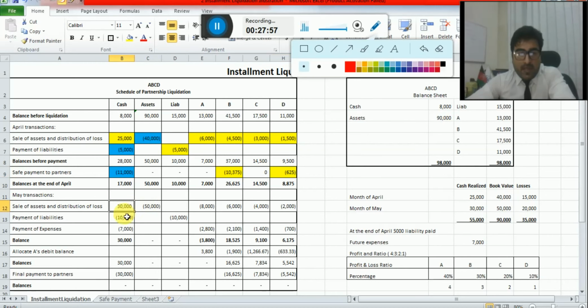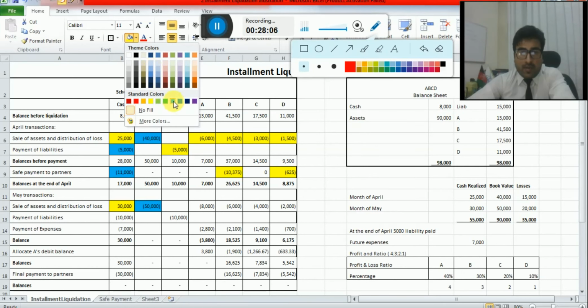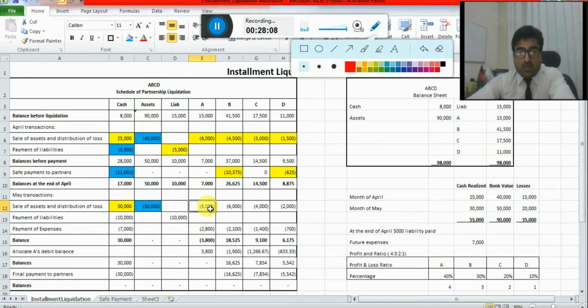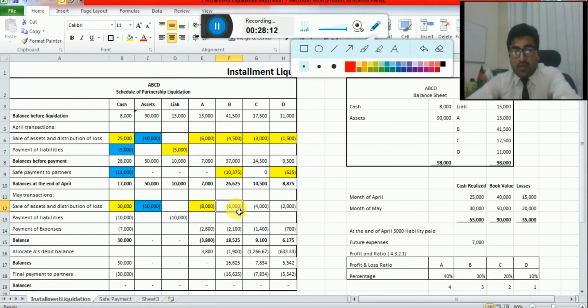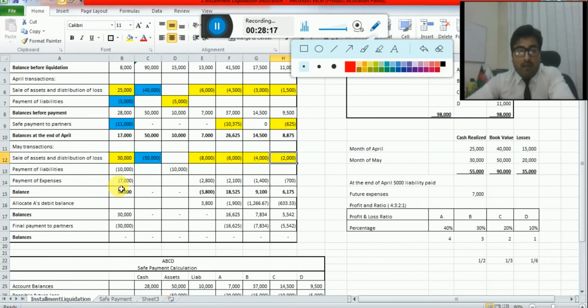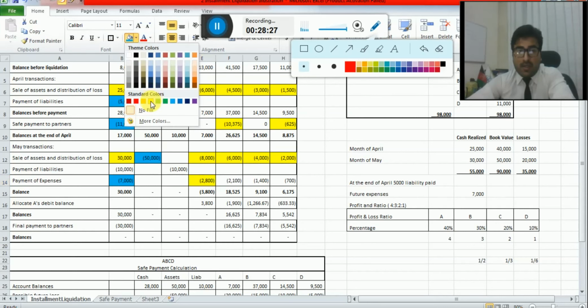Now in this step, increase in cash, we have debit, and decrease in asset, that is credited. And this is also decrease in capital, debit, debit and debit. Now payment of expenses: this is decrease in cash, so decrease in cash is credited, and here we have decrease in capital, that is debited.